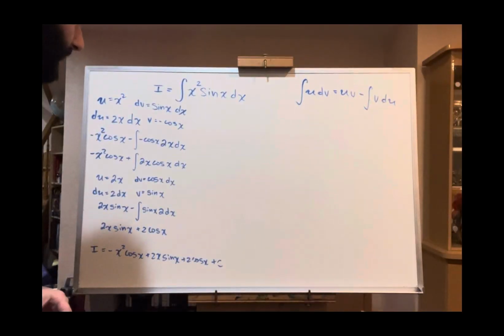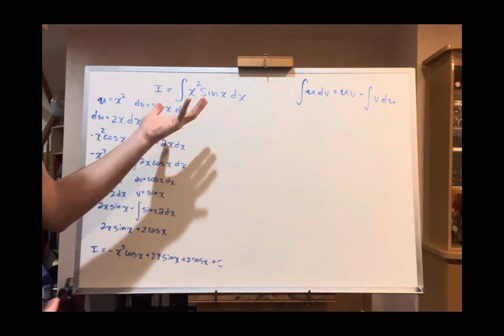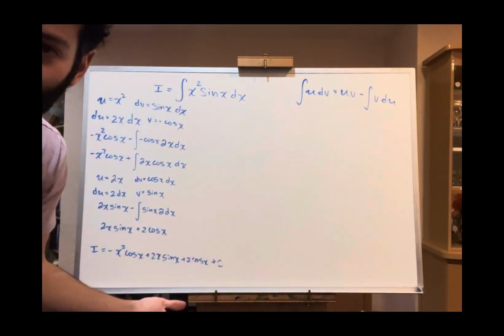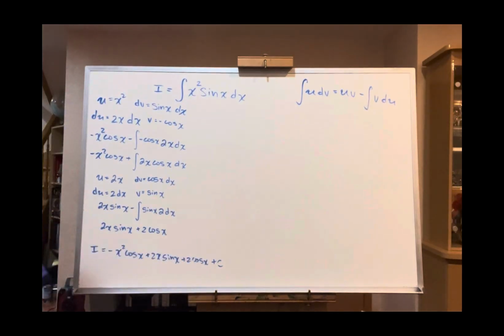Okay, so I went ahead and made it a little harder, that way you can see the power of the DI method. I didn't want to go too crazy. I made it an x squared. You can make it an x cubed, an x fourth, x to the fifth. You would have to perform integration by parts 2, 3, 4, 5 times. You'd have to do this over and over again until you arrive at your solution.